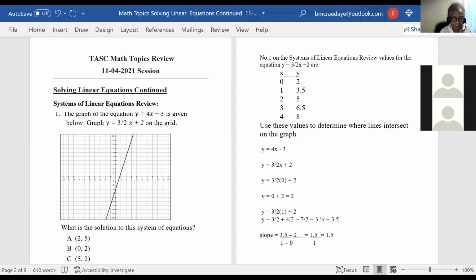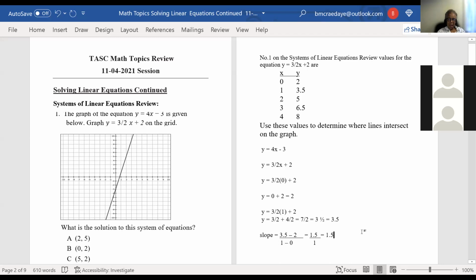Like 4 over 1 is 4, 5 over 1 is 5, 1.5 over 1 is 1.5. But isn't that what our slope is? Right here, 3/2 X. I'm using these numbers that came from substituting in this equation, so whatever I get for the slope must be 3/2, and 1.5 is 3/2, right?